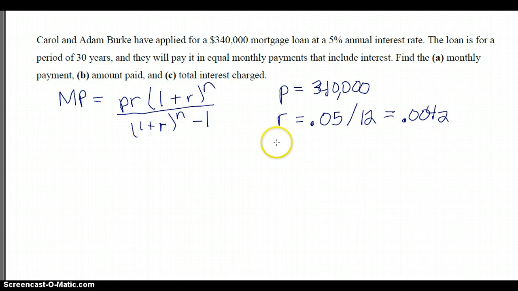And N is the total number of payments. So if we're going to be making one payment a month, it's 12. Over the course of 30 years, we will make 360 payments. At this point, all we need to do is start filling in our information.